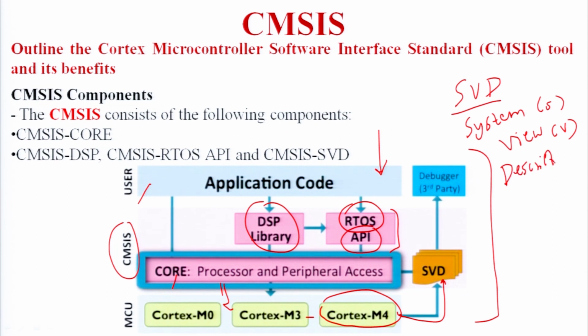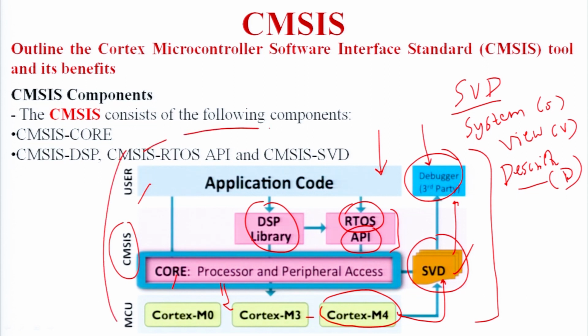Basically, whatever the system has, it has to be configured by the System View Description. The System View Description has all the functionalities needed to execute the CMSIS software, and everything goes further into the third party debugger. Third party means that if we have any debug issues, it has to be connected through this type of microcontroller.